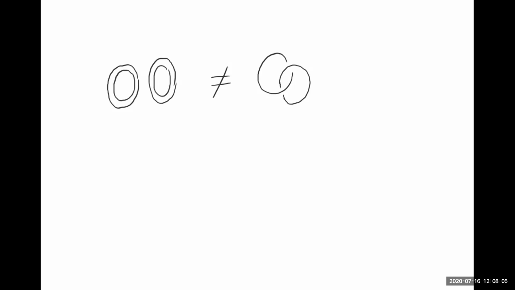Although those two things are equal, the union of two circles is not equal to a linked circle, although you might think what we just saw would imply these things are also equal. We can even think about them as two donuts, or two rings, and two rings which are linked. They are not equal.